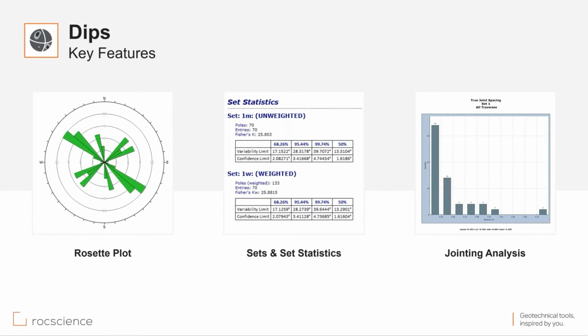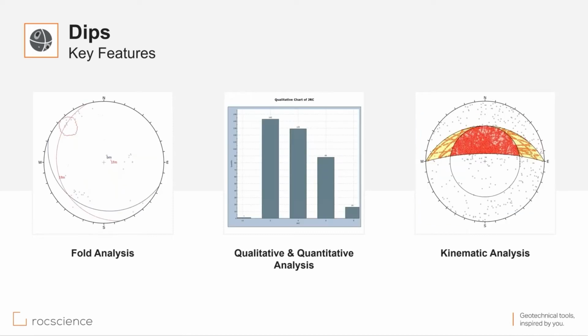And aside from allowing the user to look at structural data following the same techniques used in manual StereoNets, DIPS also has many computational features, such as sets and set statistics, jointing analysis, fold analysis, qualitative and quantitative attribute analysis, and finally, kinematic analysis.